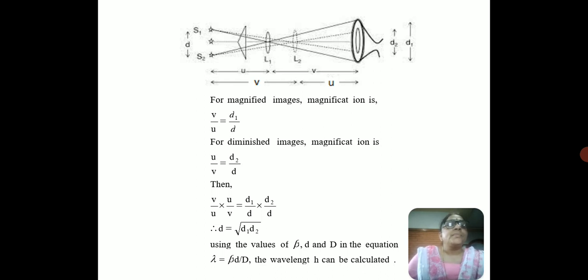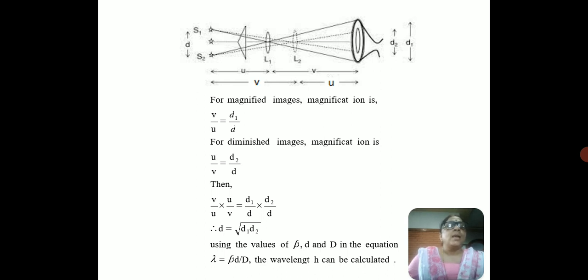For diminished images, we get another equation, u by v is equal to d2 by d. Then by multiplying these two, we get d is equal to square root of d1 d2. So after knowing the values of d1 and d2, we can easily calculate the distance between two virtual sources as d is equal to square root of d1 d2.